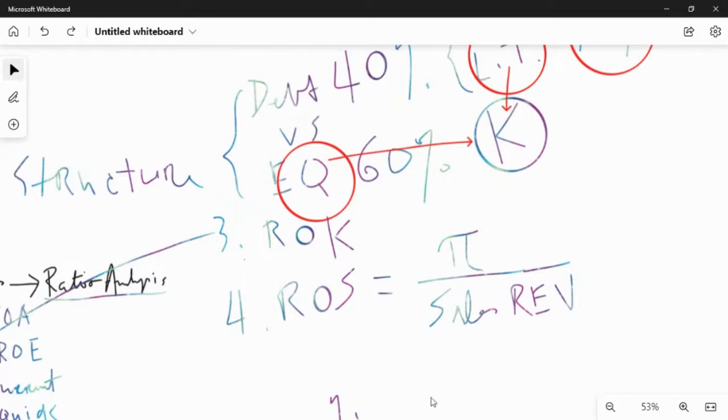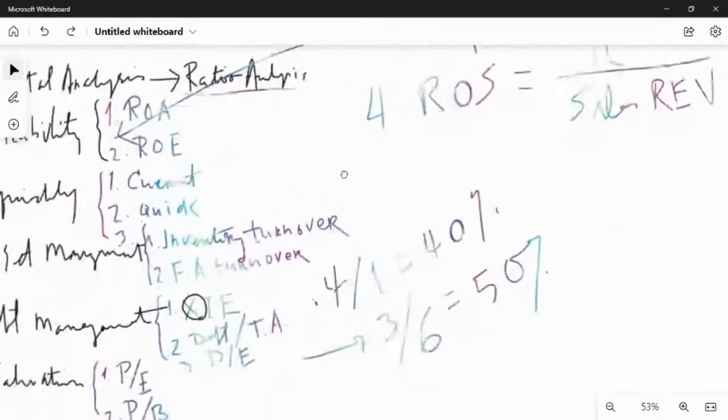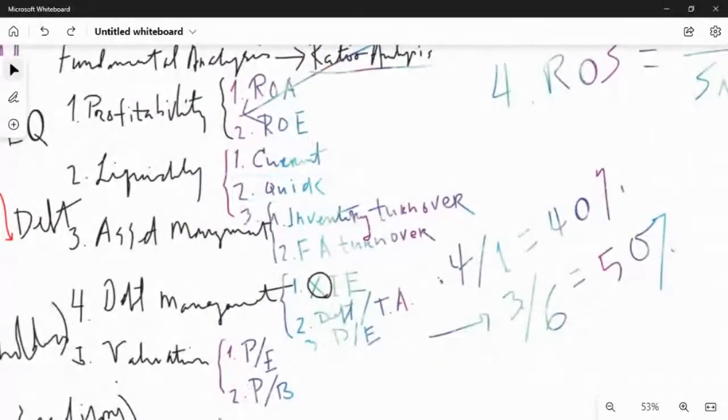In all of these ratio categories, ratios don't stand alone. They all have to be compared against the industry average. The only thing that stands alone is the liquidity category. In the liquidity category, we have a clear benchmark, clear criteria.